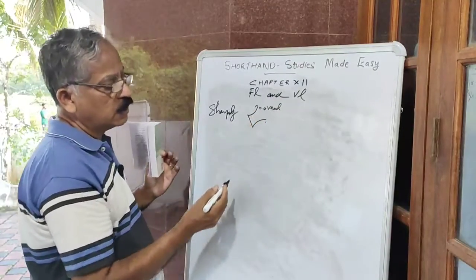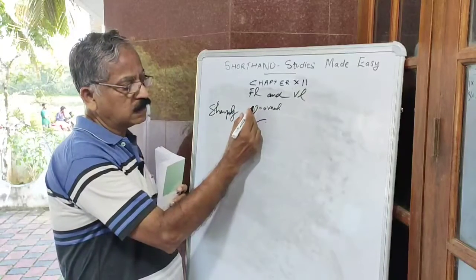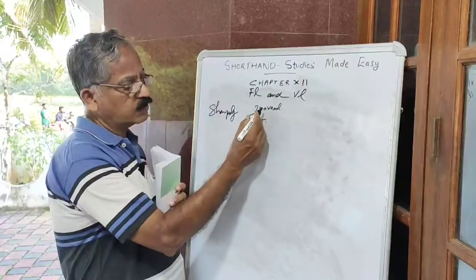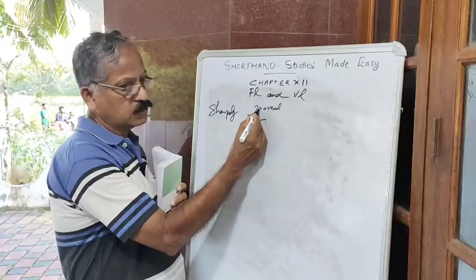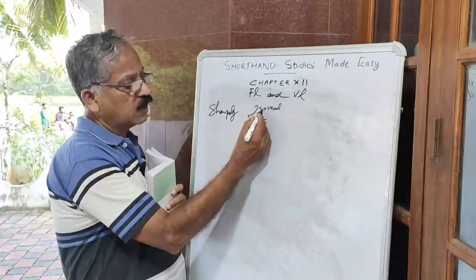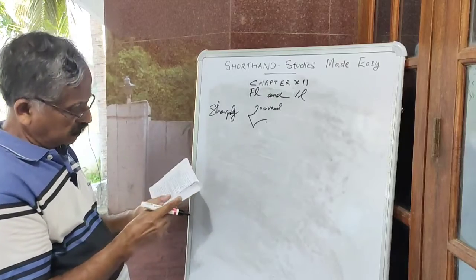Sharp, in between the stroke, sha and r. In between these, to represent that vowel, a small circle is used. Instead of writing a vowel, we write a small circle to represent this vowel. Sharply.